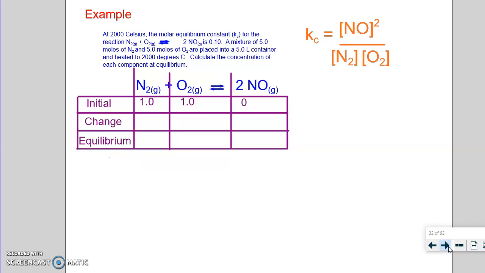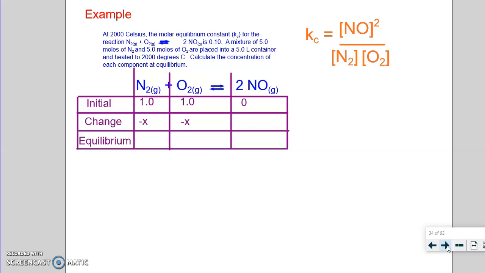So now we want to start filling it out. We'll start with the change row. I'm going to put in a negative x for the change in nitrogen, and the reason is this. We don't know how much nitrogen is going to react, but we do know that when it reacts, it's going to be used up. So that's where we get our negative sign, because it's a reactant going to be used, and an x because we don't know how much. And then we move forward to the oxygen, and we're going to see that the same thing is true of the oxygen, and also that it's going to be related to the nitrogen.